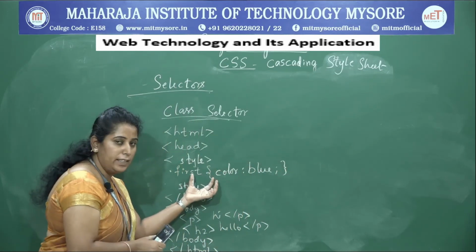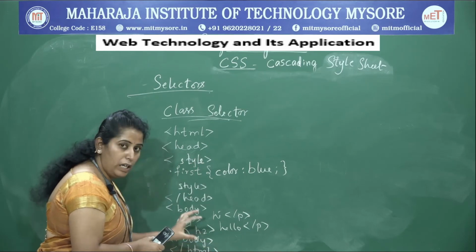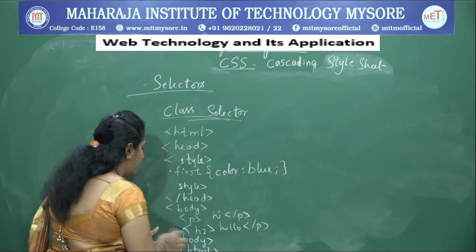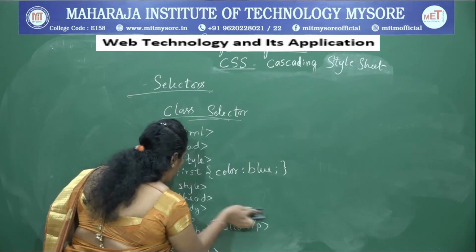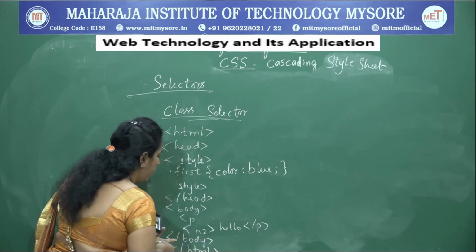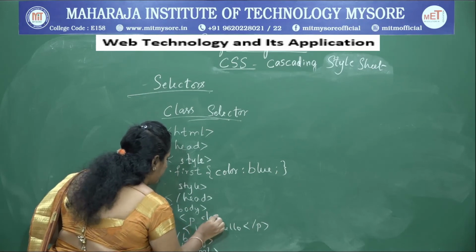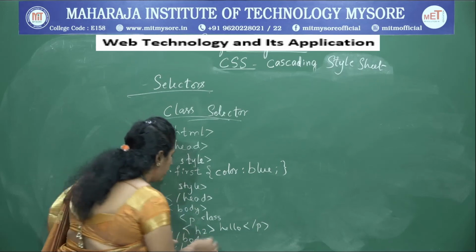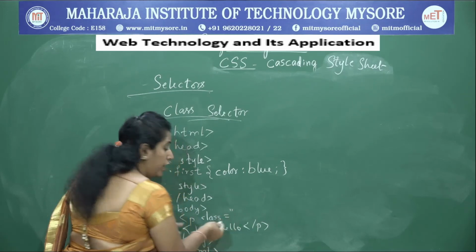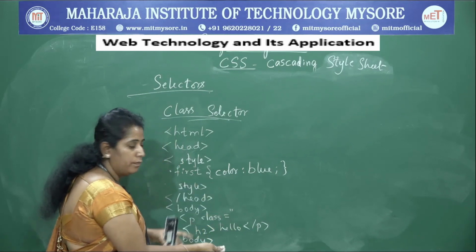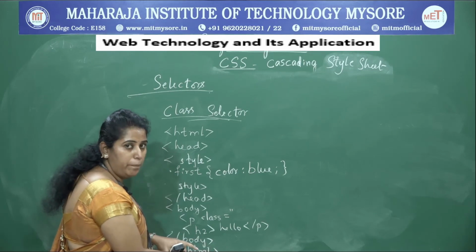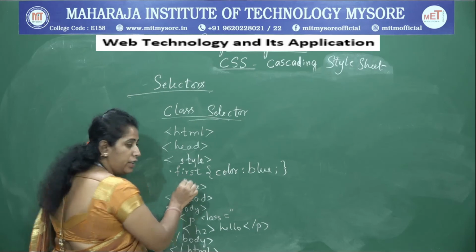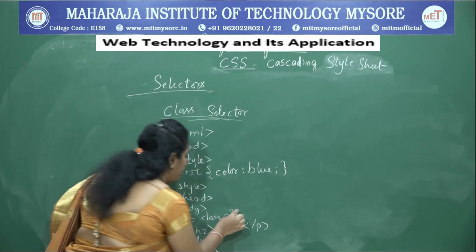Now how this class can be applied to our elements in HTML? For example, I am going to modify this P tag, saying class attribute equals which class you want to embed. Already you have listed the class called first, right?